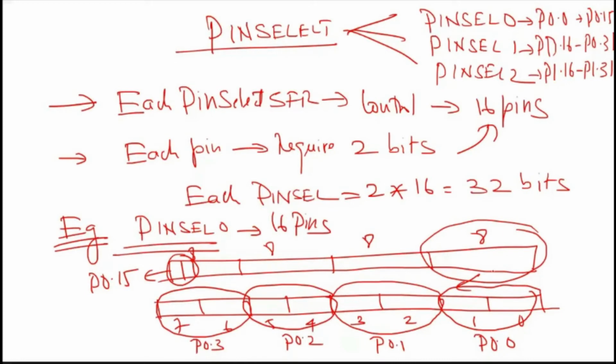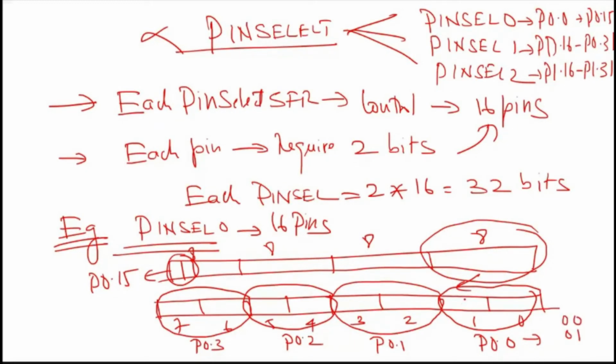What I mean by controlling: if you are planning to use port 0.0 as a normal GPIO, you need not use pin select. That is not required. If you are planning to use the port 0.0 pin for a different function, then you have to write a value here. For example, in our case, for P0.0, 00 is the default function.